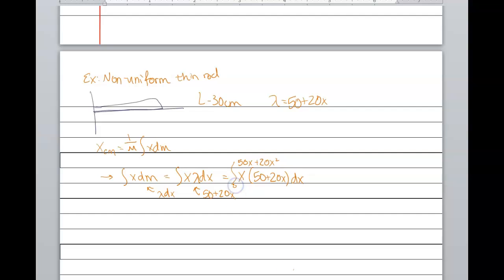And I'm integrating that from 0 to 0.3. Okay, I'm going to go ahead and just put in my actual length there. So integral of 50x plus 20x squared. So that's going to be 50x squared over 2 plus 20x cubed over 3, which I'm going to evaluate from 0 to 0.3.